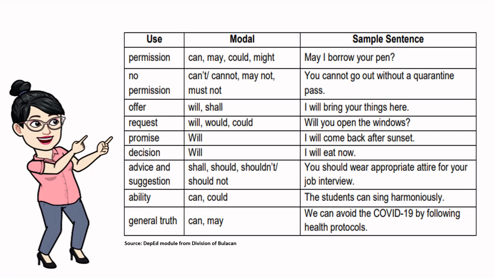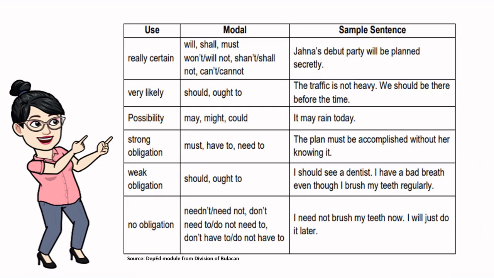We can avoid the COVID-19 by following health protocols. Really certain. Will, shall, must, won't or will not, shan't or shall not, can't or cannot. Jana's debut party will be planned secretly.